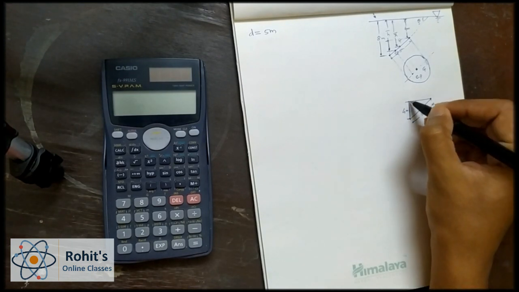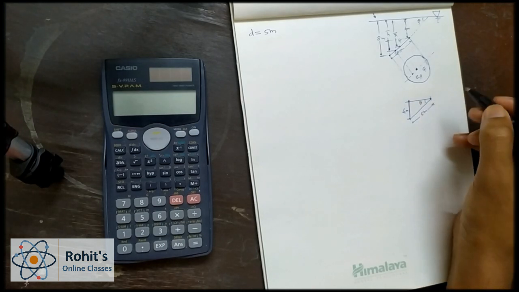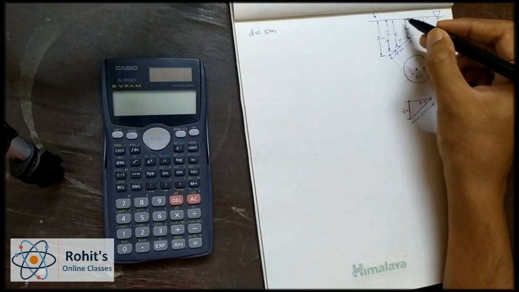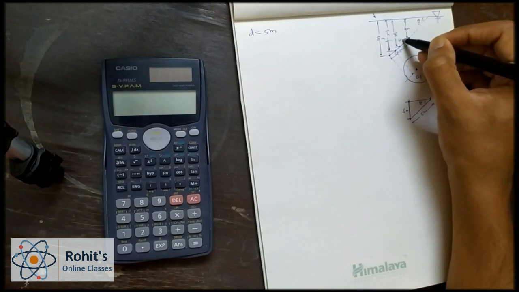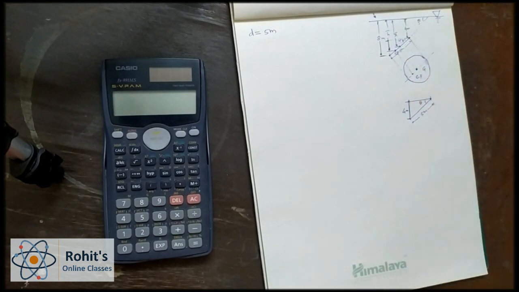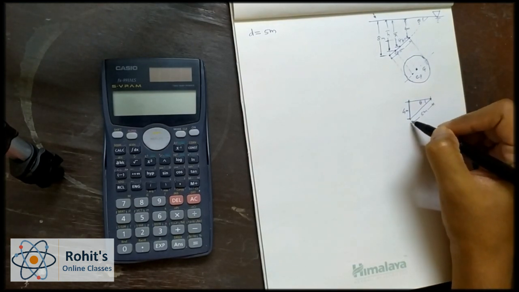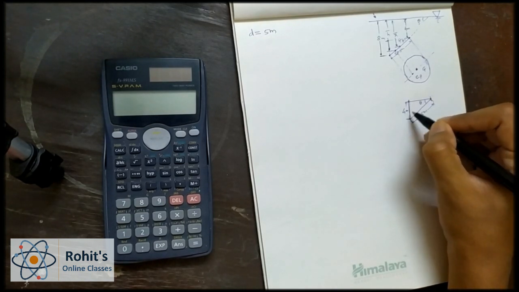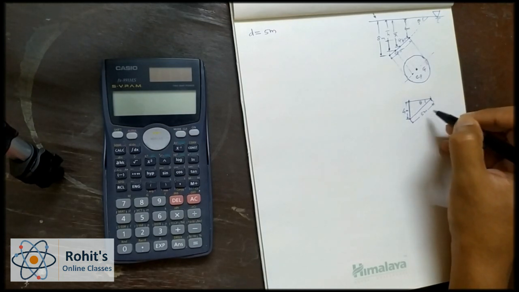Now this side is not known to us, and this is the angle theta. This dotted line and this plain line are parallel to each other, that's why theta remains the same over here and over here. So this is our angle theta. We have the hypotenuse of the triangle, and we have the side opposite to the angle of inclination theta, which is 4 meters, and the hypotenuse is 5 meters.